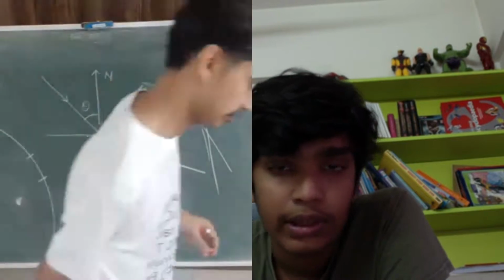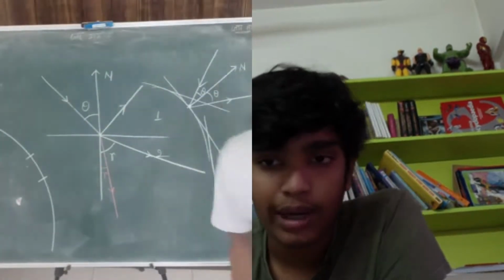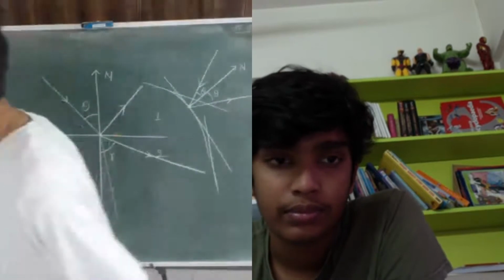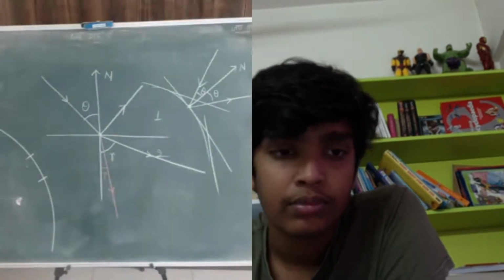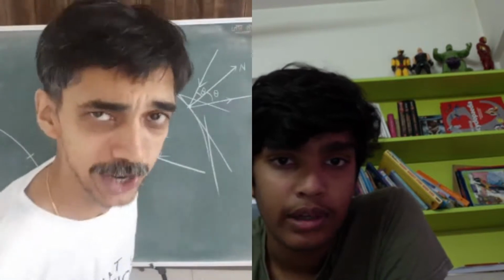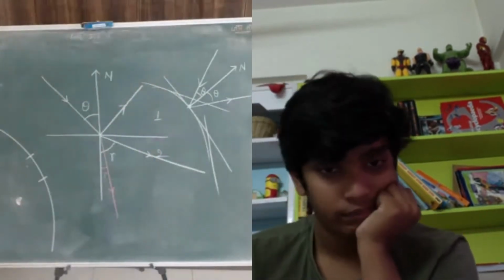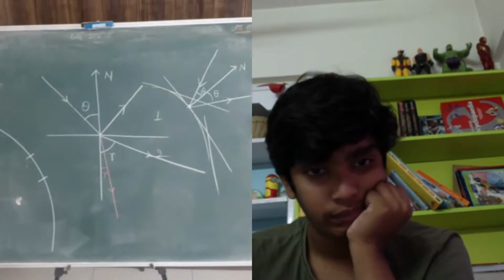What nomenclature are we using here? What are we naming it? We are naming it angle of refraction. Clear? Then this is called angle of refraction.